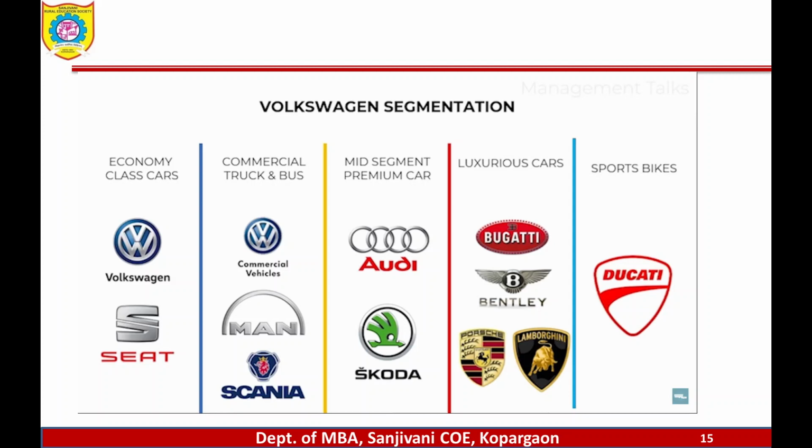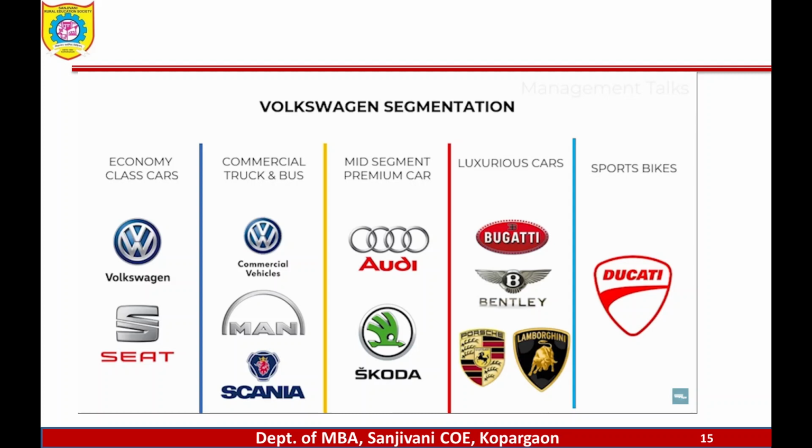The last example we can see is the Volkswagen Group. In the economic class, the cars are Volkswagen and SEAT, which is in the European market, like Poland. They also have commercial trucks and buses with Volkswagen, MAN and Scania brands.